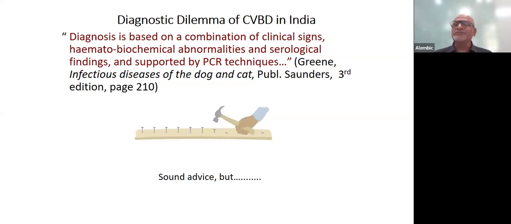It is a very sound advice, and theoretically, yes, but it may not always be possible, and that is why I have utilized this particular animation. The field veterinarians or the pet practitioners are trying to nail it down by fixing that particular board, fixing the problem. But however many nails you hit, ultimately the diagnosis may not be possible in each and every case. One has to keep it in mind always.